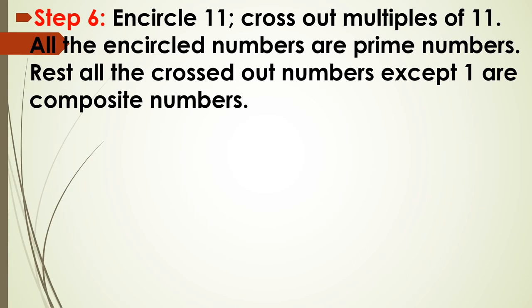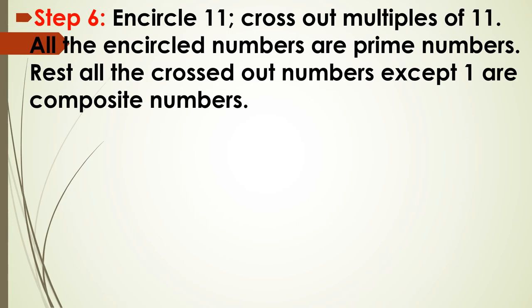Okay? Now see, all the encircled numbers are prime numbers. Numbers which you have encircled, they all are prime numbers. And the numbers which you have crossed out, except one, are composite numbers.